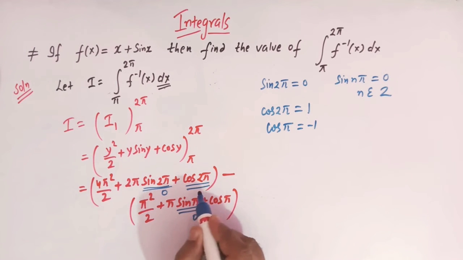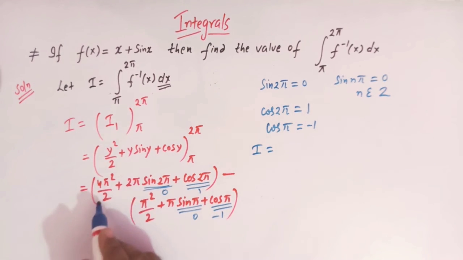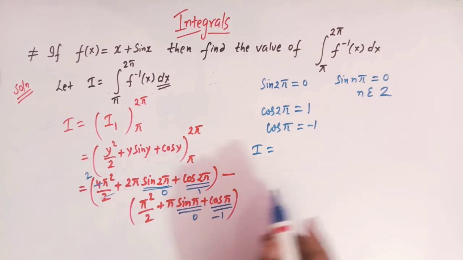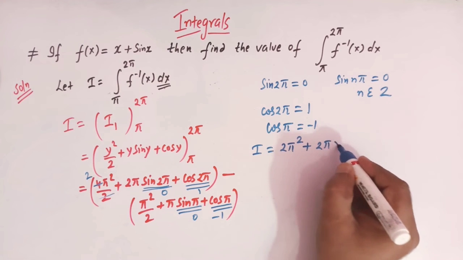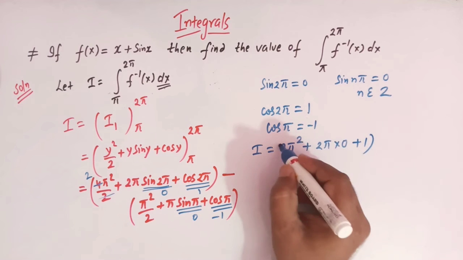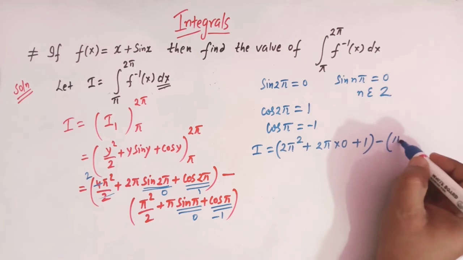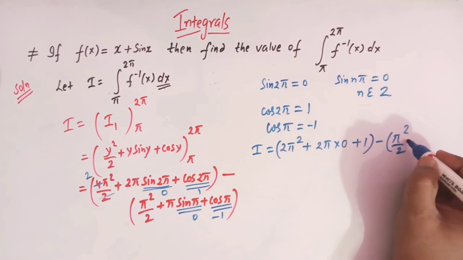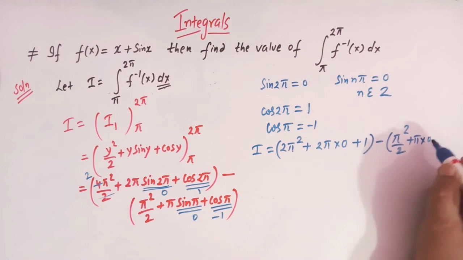So here we'll have 1, and here we will have minus 1. So now we can write I as 2 pi square plus 2 pi times 0, plus we have 1, and then we have minus pi square over 2, and then we have pi times 0, and cos pi is minus 1, right?